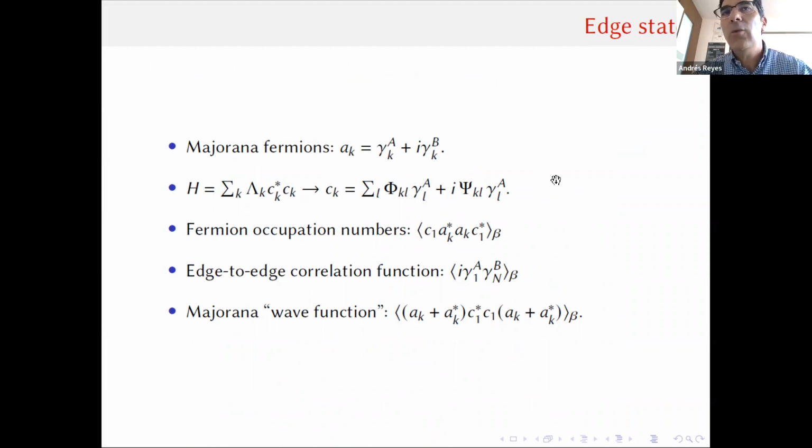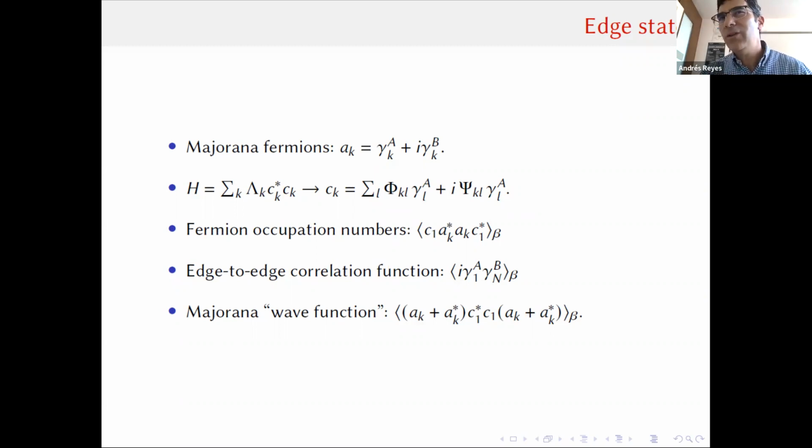So there are several ways of studying edge states for the Majorana case, which I am discussing now, and these are the following. You decompose the fermionic operators in terms of Majorana operators. So these are just Clifford algebra generators. I call them gamma A and gamma B. If you take the Hamiltonian in diagonal form, then you have the coefficients of the Bogoliubov transformation that diagonalizes the Hamiltonian.